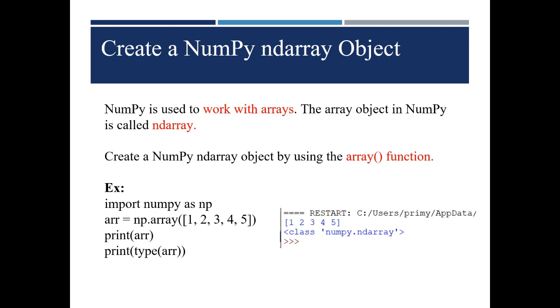Numpy is used to work with arrays. The array object in numpy is called ndArray. Create a numpy ndArray by using the array function. Here arr = np.array([1, 2, 3, 4, 5]). If you print it, it will print 1, 2, 3, 4, 5 and its class is numpy.ndarray.